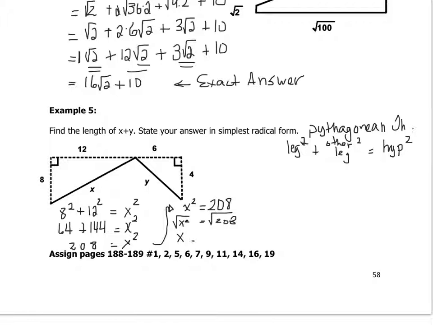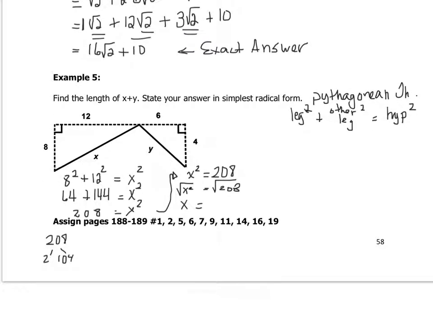we have that x equals the square root of 208, which if you break that down into perfect squares, I'm just going to do it here, 208 is 2 times 104, which is 2 times 52, which is 4 times 13, right?